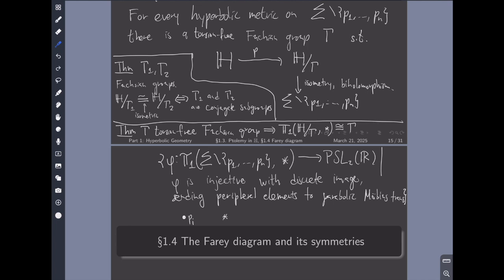Actually, if you have one peripheral element and any element of the fundamental group, the conjugation gives you another peripheral. So you actually have many.